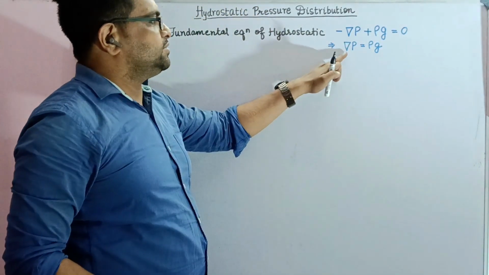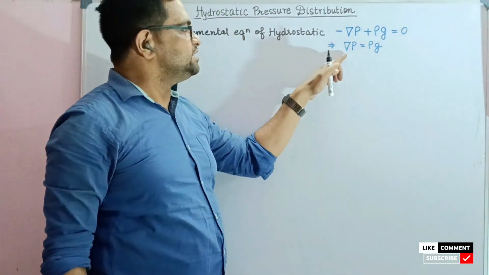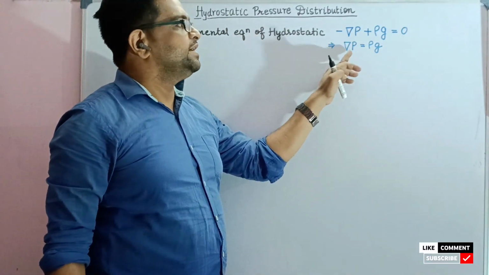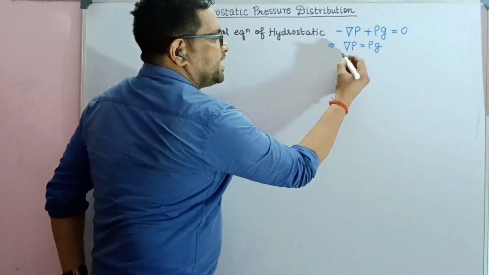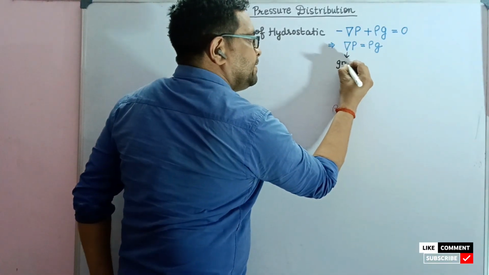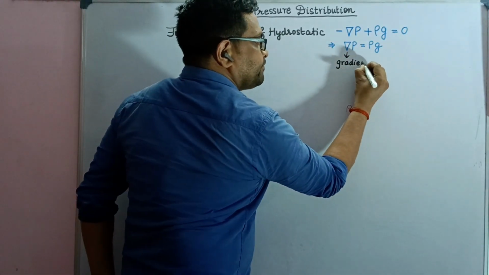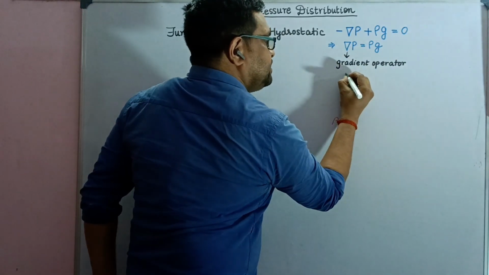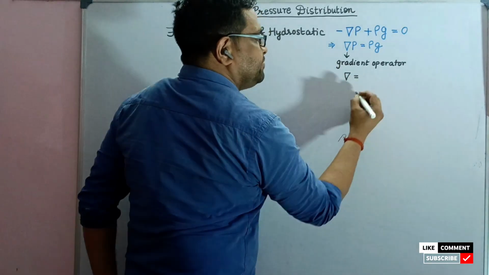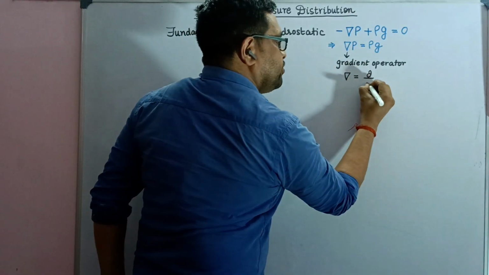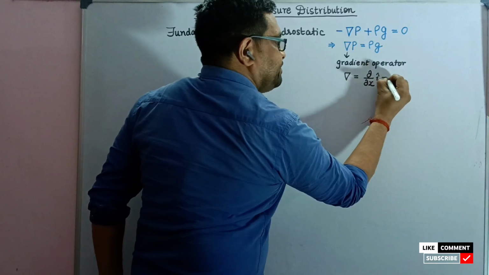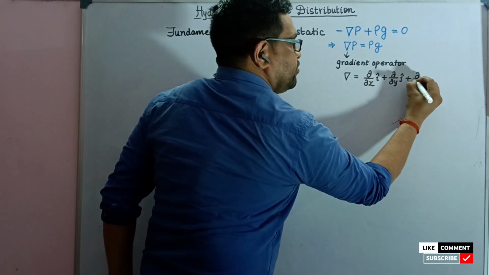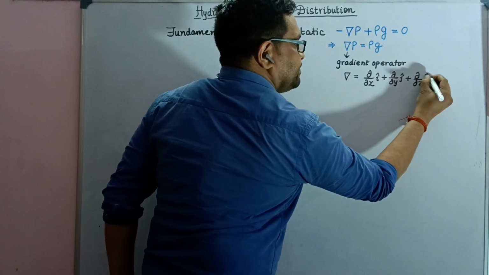Here, this is the gradient operator, and this represents the spatial rate of change of any property, which in this case is pressure. This is nothing but the spatial rate of change of any property. So this can be written as del upon del x i cap plus del upon del y j cap plus del upon del z k cap.